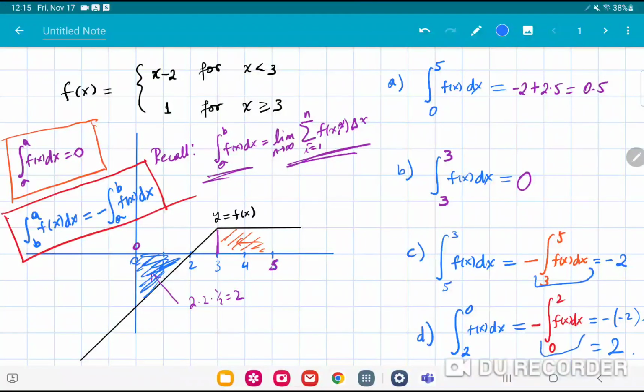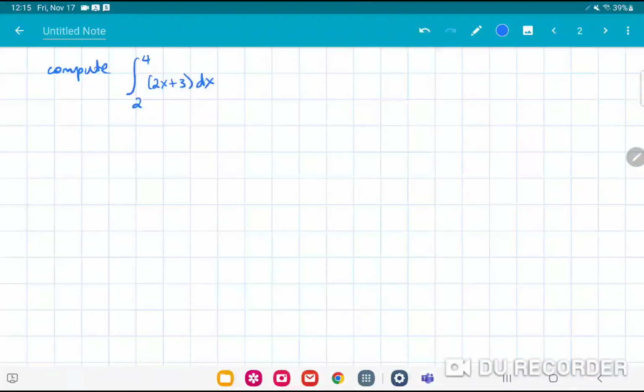We have to multiply by minus. In this case, this is positive, so it gives us minus 2. In this case, this is negative, so it gives us plus 2. The 2's are a coincidence. All right, let's do another problem.